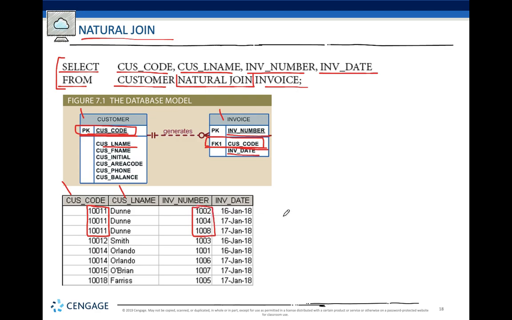And the invoice dates are as shown here, right? Customer code 10,012 has only 1 invoice in the invoice table, and that's with invoice number 1003 on 16th Jan, and so on, right? So we get 4 columns returned here, matched on the customer code, and we get the invoice number and the invoice date. So this is our result for this query.